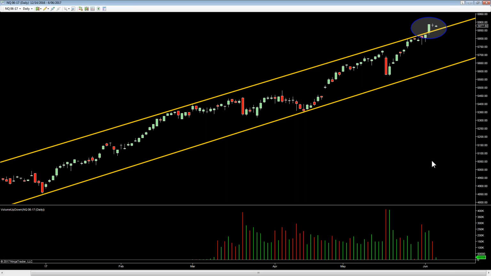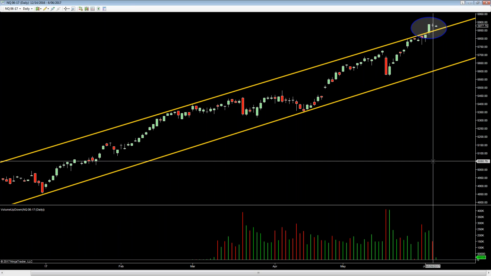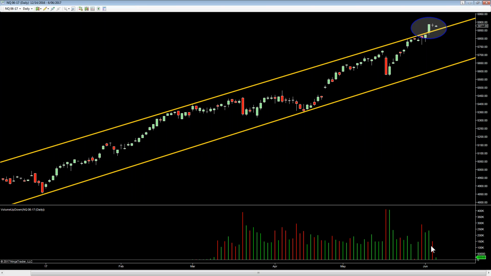All right, so you'll see this red spike right here was yesterday's trading. That's a lot of volume for a market that isn't going anywhere. You would expect a tiny little bar like that to have volume like this or volume like this.